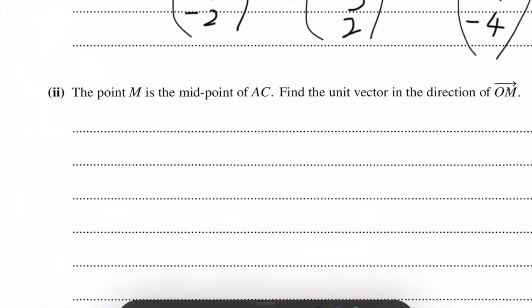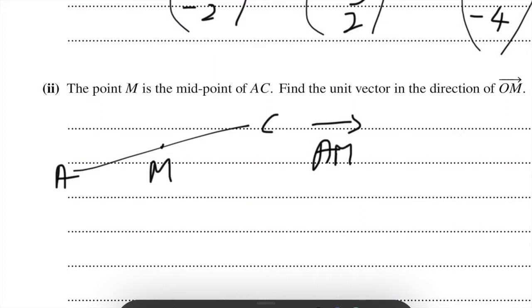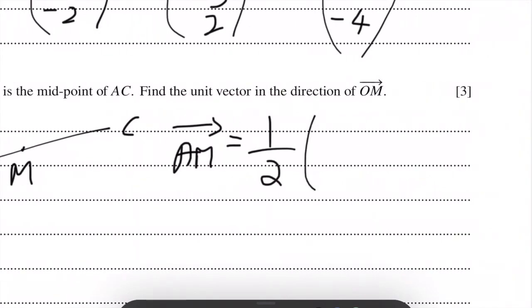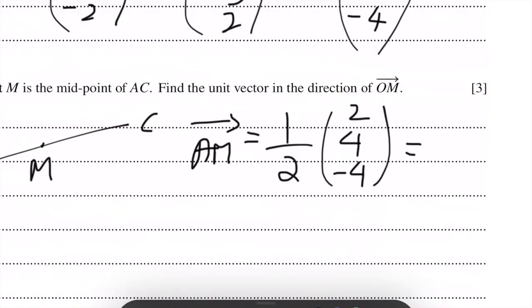The point M is the midpoint of AC. So we can find AM by multiplying half to AC, which is what we got earlier. 2, 4, negative 4. This will give us 1, 2, and negative 2.